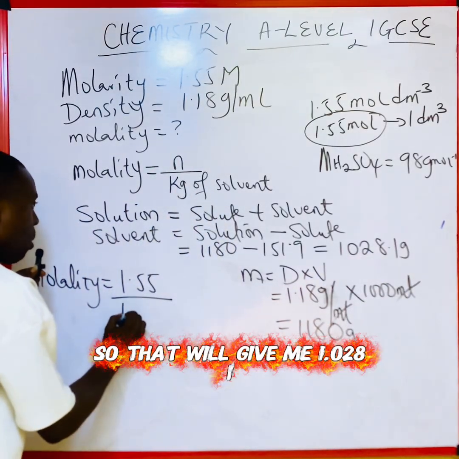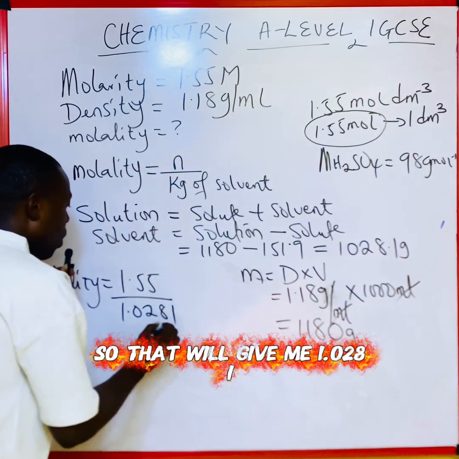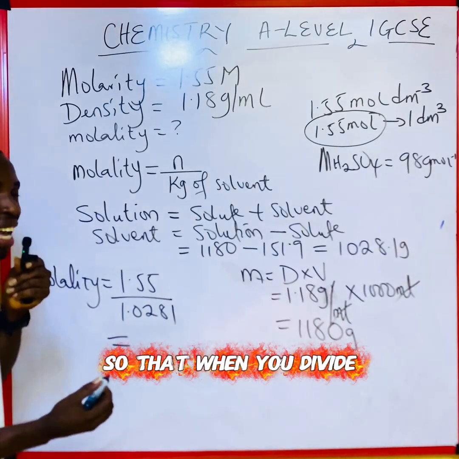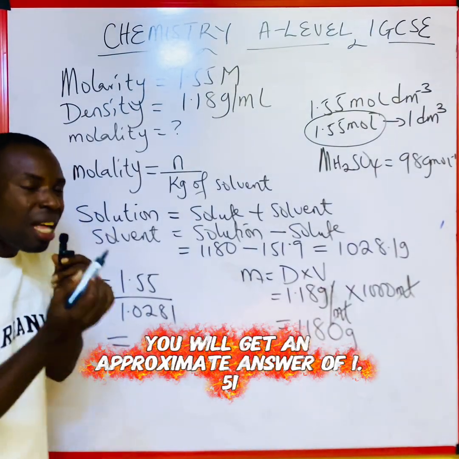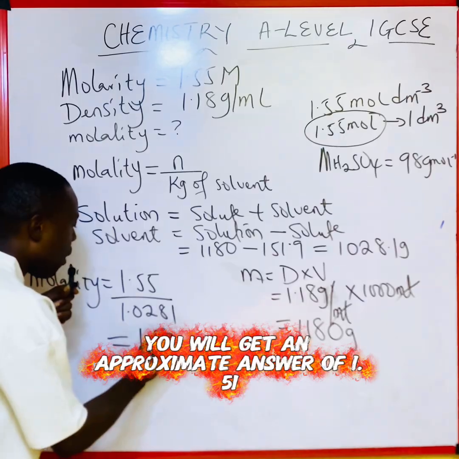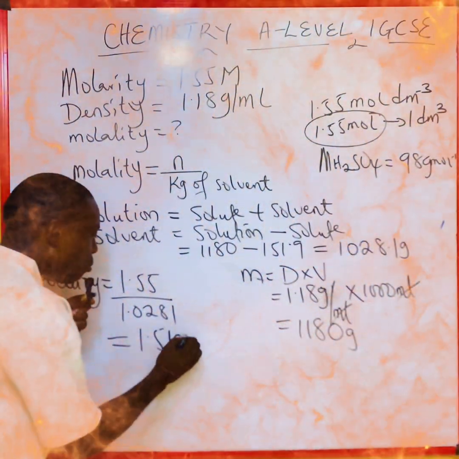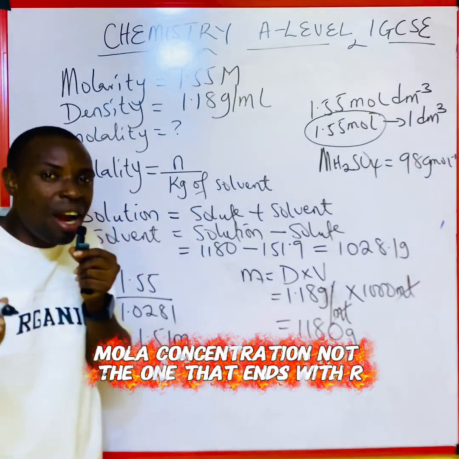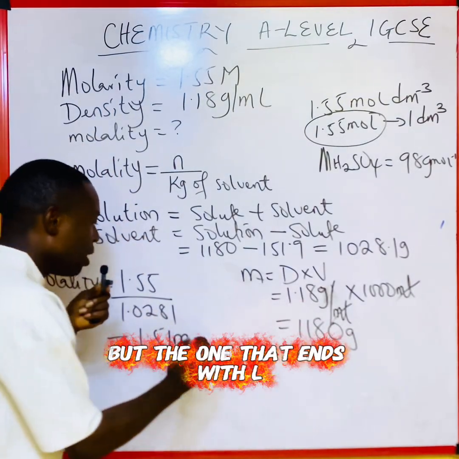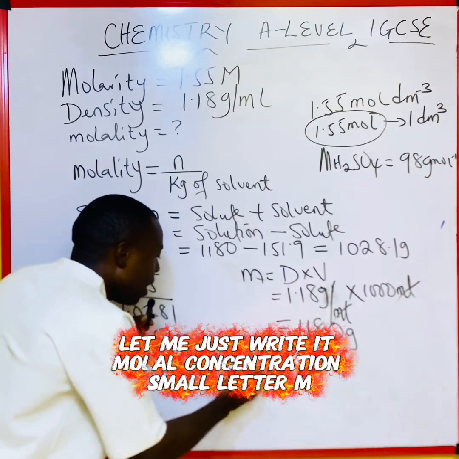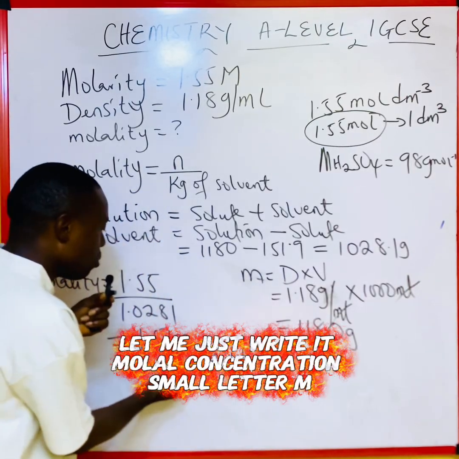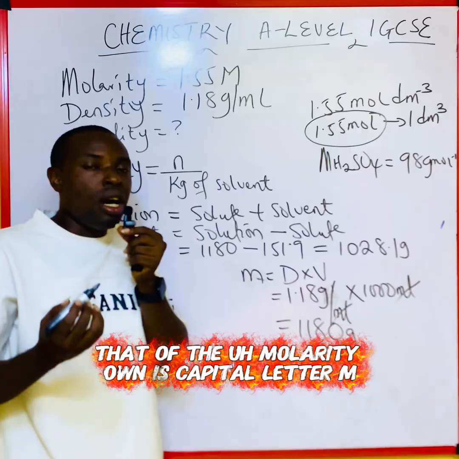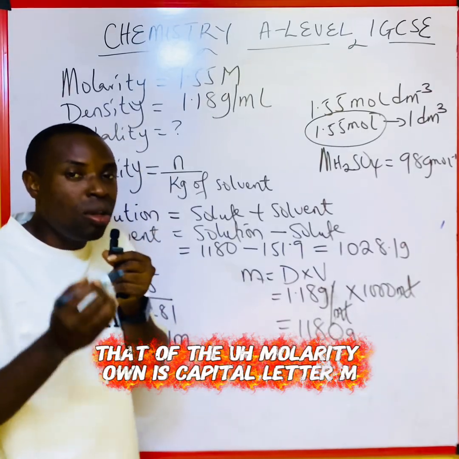So here will give me 1.0281. So that when you divide, you will get an approximate answer of 1.51 molal. Not the one that ends with R, but the one that ends with L. Let me just write it: molal, small letter m. That of the molarity is capital letter M.